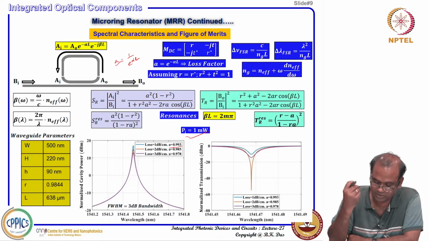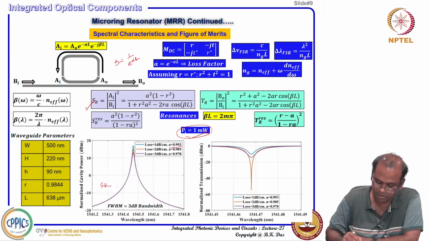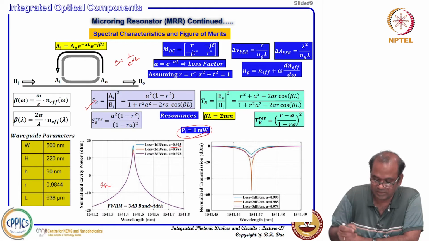So, when loss is increased, you see the peak. This is actually the normalized cavity power we plot. When we plot it for BI square equal to 1 milliwatt, whatever power I get is the power inside the cavity. As loss increases, the power will be dropping, whether it is 1 dB per centimeter, 2 dB per centimeter or 3 dB per centimeter.